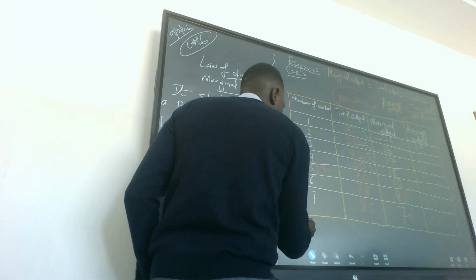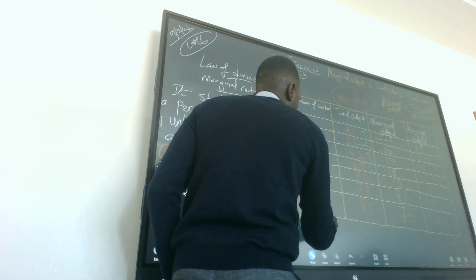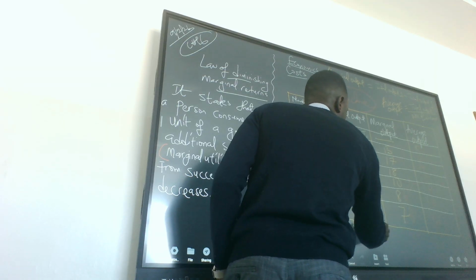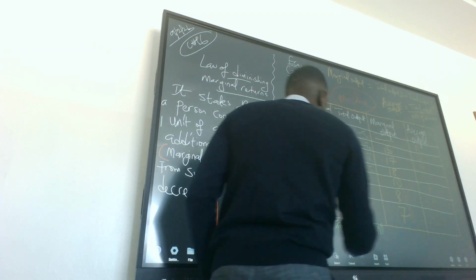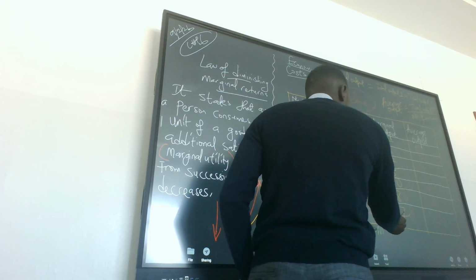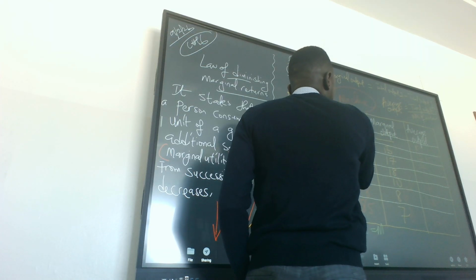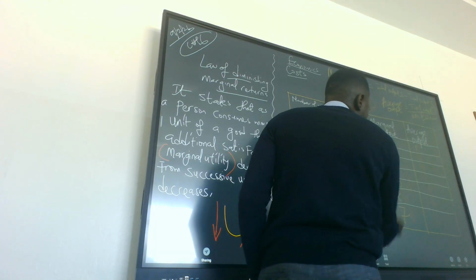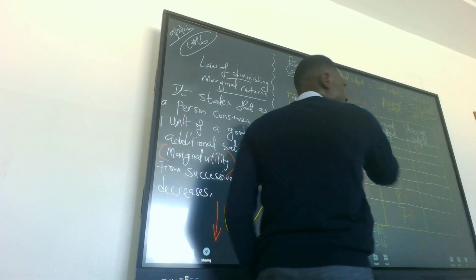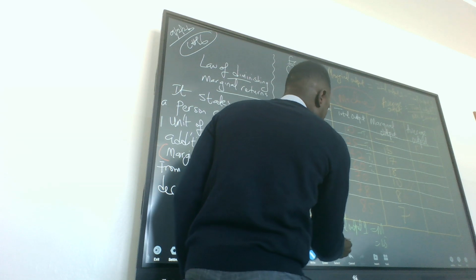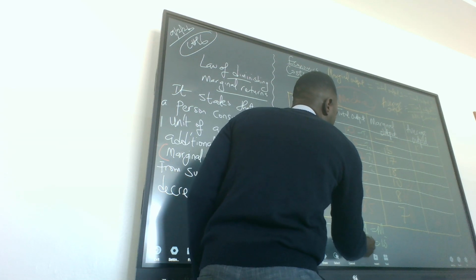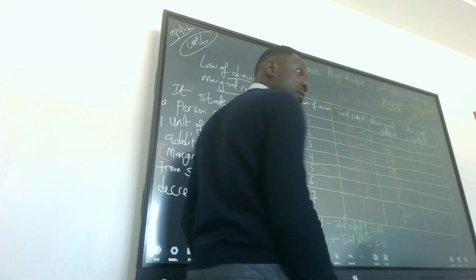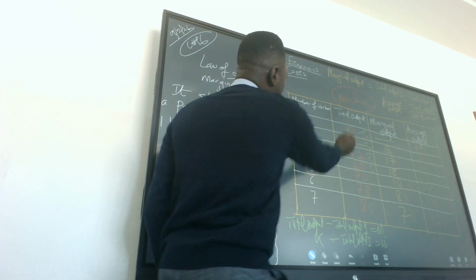We said total output 2 minus total output 1 gives you marginal output, right? Good. Now let's say you have 15 here as marginal output and you're looking for total output 2.